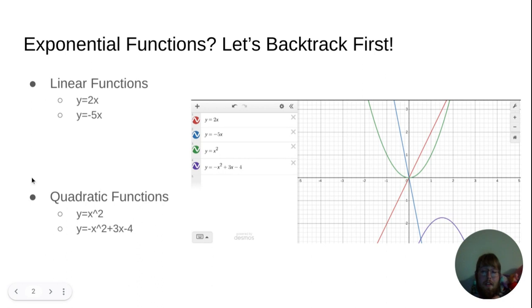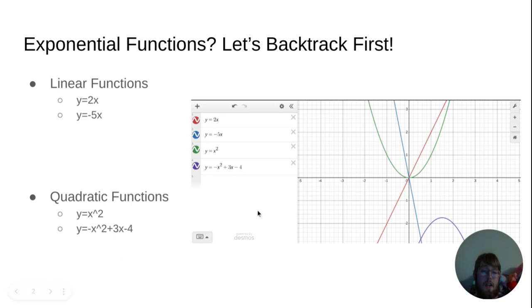And then our quadratic functions, y equals x squared and y equals negative x squared plus 3x minus 4. The second quadratic function is written in our ax squared plus bx plus c format, which we worked on previously in lessons using our quadratic formula and graphing those types of functions.